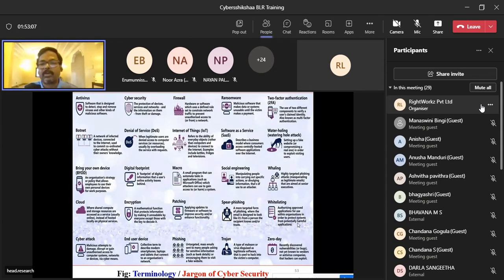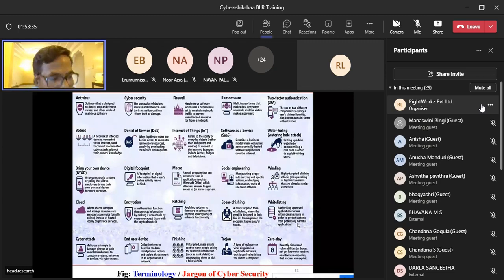Social engineering is manipulating people into carrying out specific actions or divulging information that is of use to an attacker. Whaling is one of the jargon terms of cyber security: highly targeted phishing attacks, like masquerading as legitimate emails, aimed at senior executives.